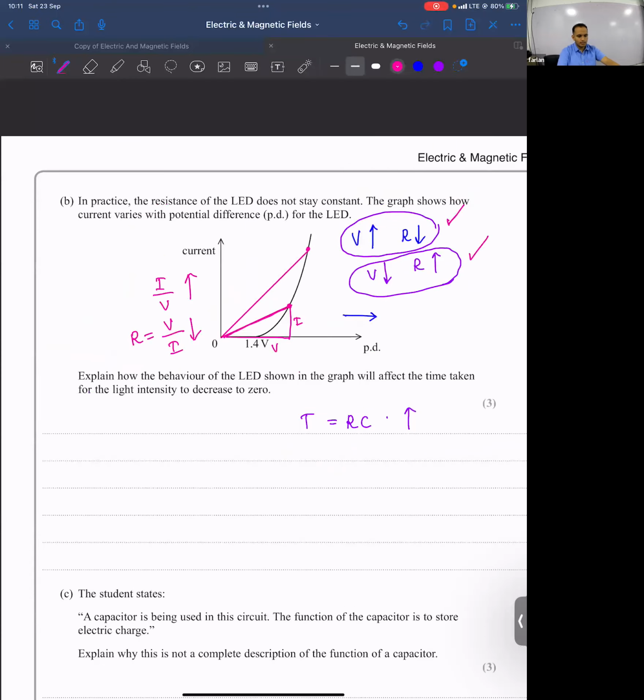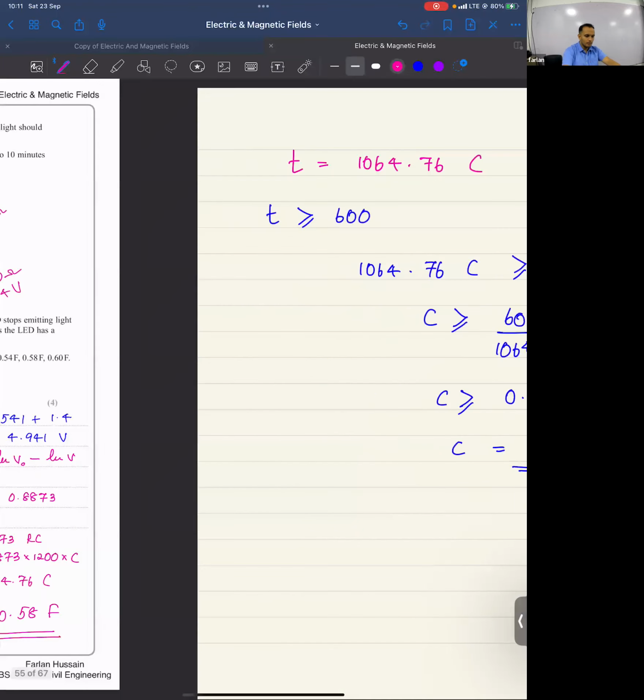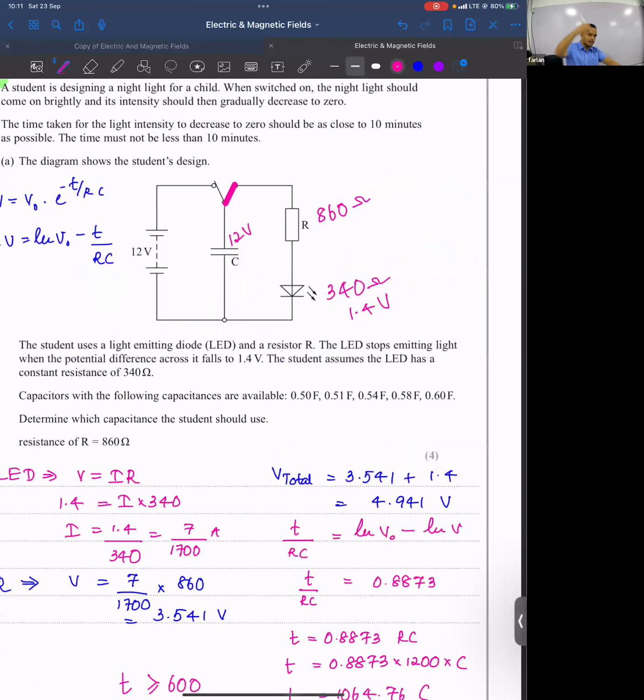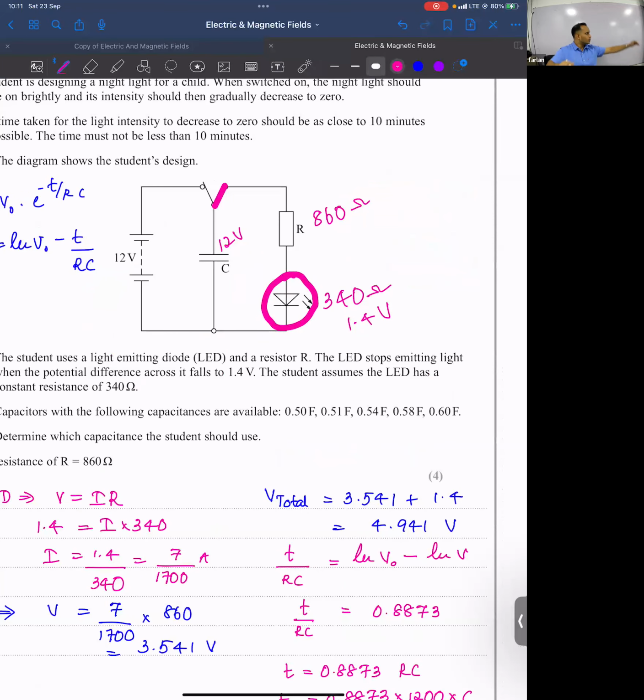So when you keep this circuit on for some time, with time, what is going to happen? The voltage across this LED is going to decrease, right? Voltage across the LED is decreasing means its resistance is increasing.